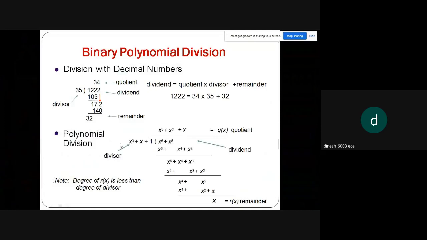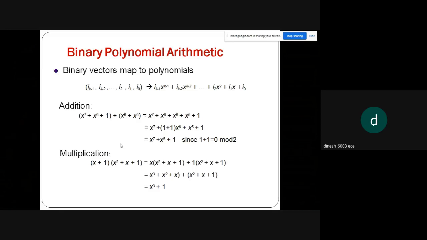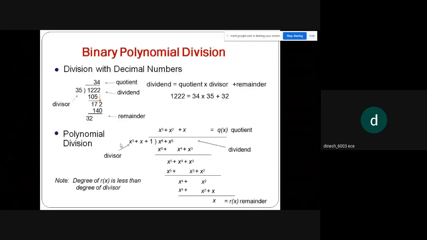So, shall we proceed? The polynomial technique is a method for error detection as well as error correction. It is best suited for that. We'll be seeing that in detail in unit number 5. Don't worry. Cyclic codes are a best example for polynomials, either in the form of addition, multiplication, or division also.